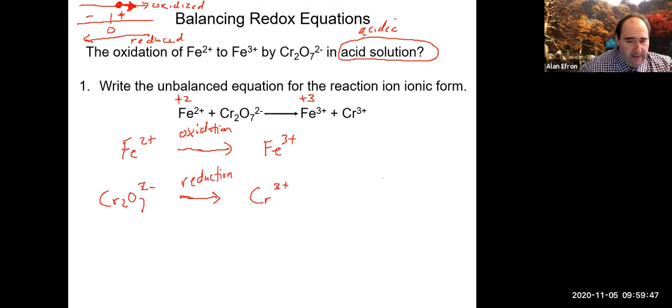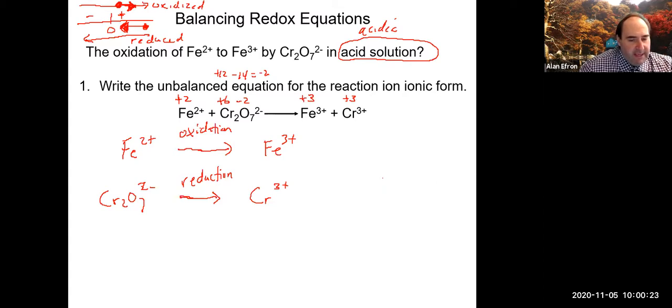We can check by looking at the oxidation numbers here as well. Oxygen being -2, there are 7 of them, gives you -14. The overall charge here is -2, so each of the chromiums has to be +6. That gives you +12 and gives you -2. Chromium is starting at +6 and heading to +3, which is moving in this direction, and that means we are definitely being reduced here.